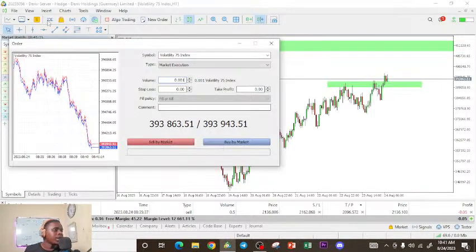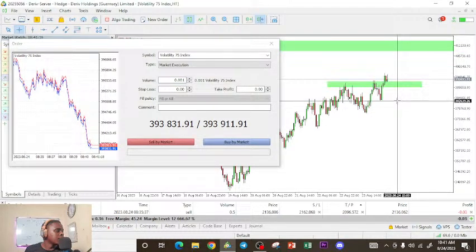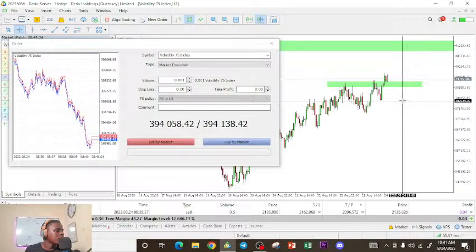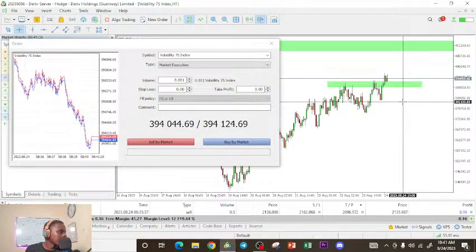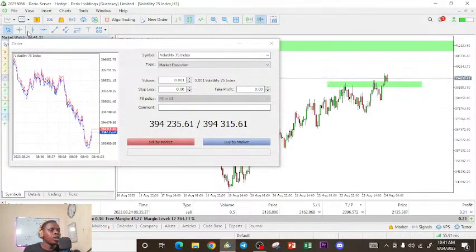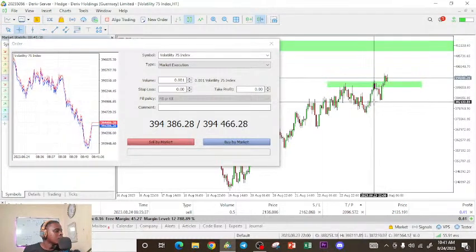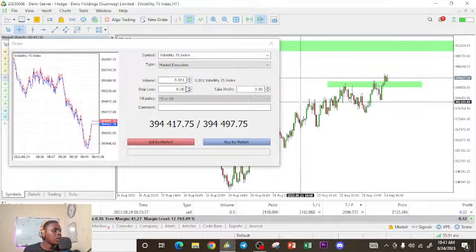So I will put my stop loss right below this zone right here. So it's gonna be 3821. So it's gonna be right below this zone. Stop loss 38.